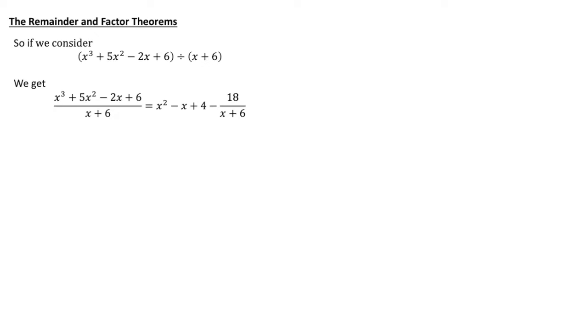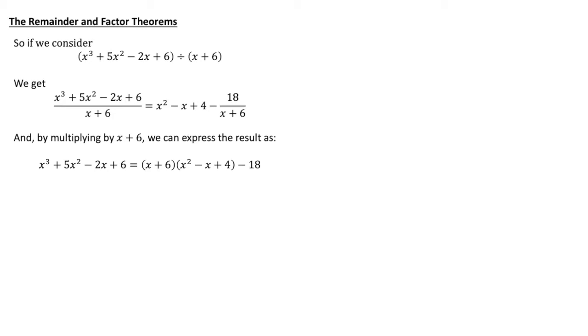So we can write that division as a fraction, and it equals x squared minus x plus 4 take away 18 over x plus 6. And if we multiply by x plus 6, then we get the other result that we saw. So that's telling us that the original polynomial, x cubed plus 5x squared minus 2x plus 6, is equal to x plus 6 times x squared minus x plus 4 take away 18.